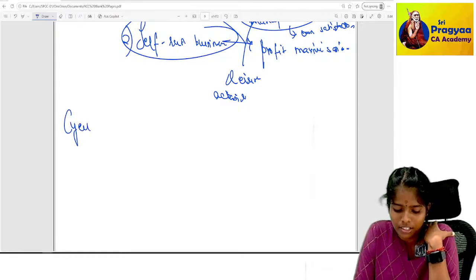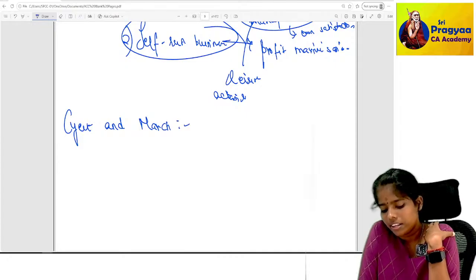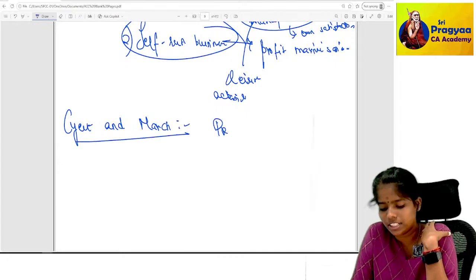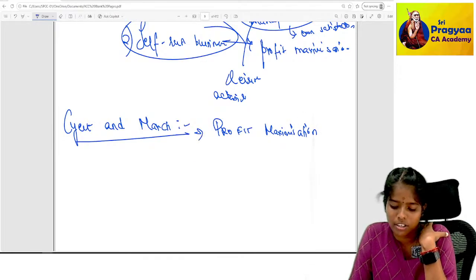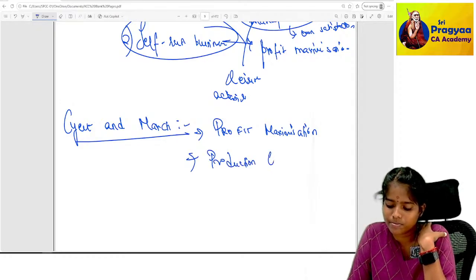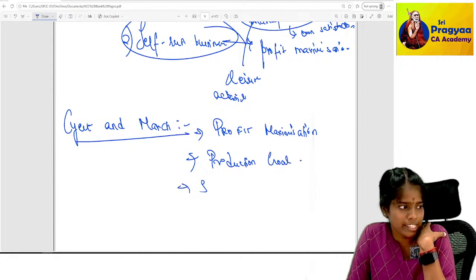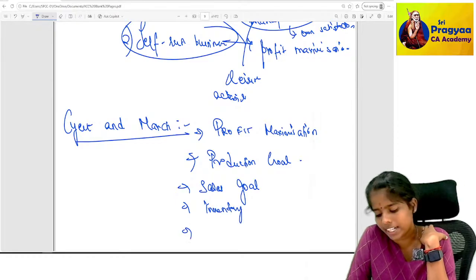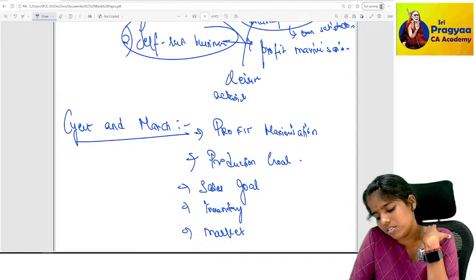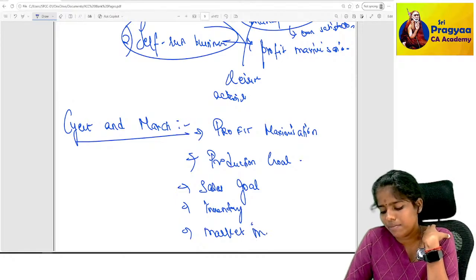Apart from that, Cyert and March, these two people, said profit maximization is one goal. Apart from that, they also told other 4 goals: production goal, sales goal, inventory goal, and market share maximization.